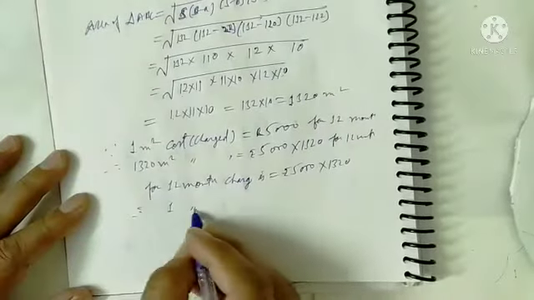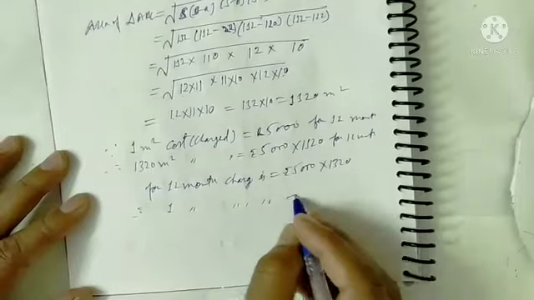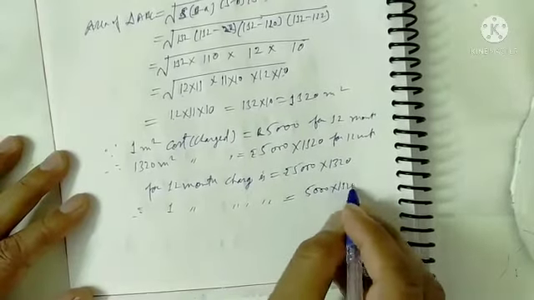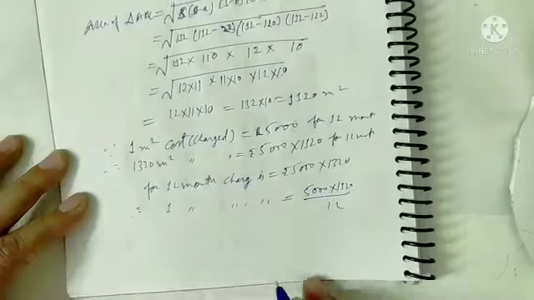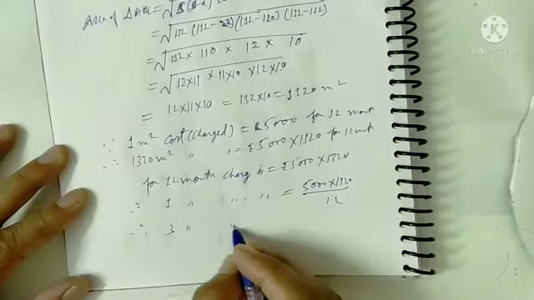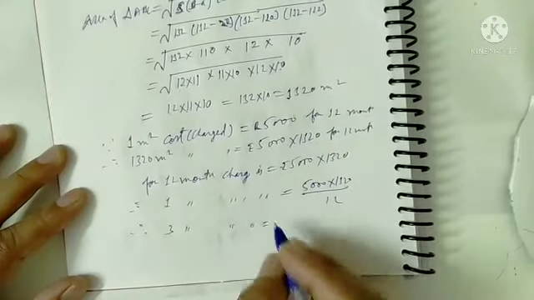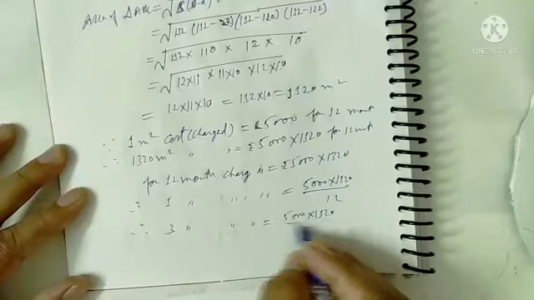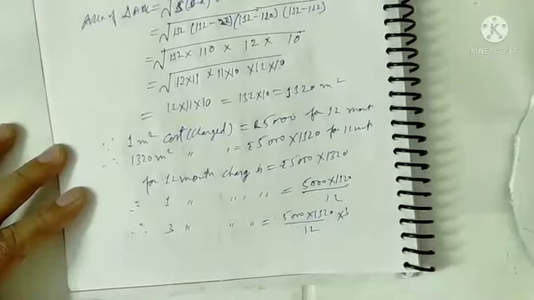For 1 month the charge will be less, so divide by 12: 5,000 into 1320 upon 12. For 3 months the charge will increase, so 5,000 multiply 1320 upon 12 multiply by 3.